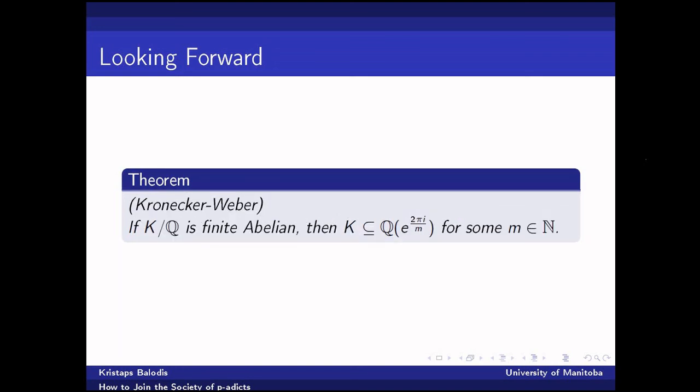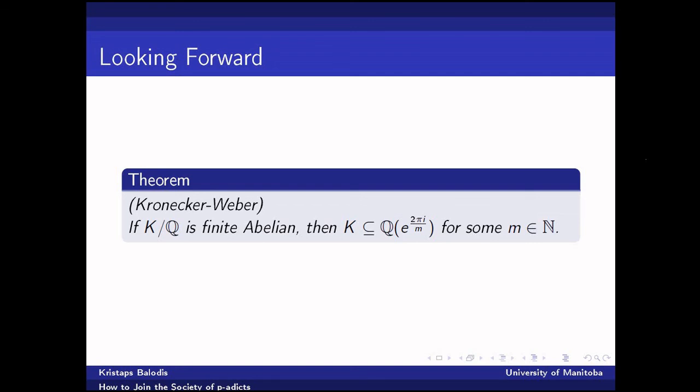There's also what's called the Kronecker-Weber theorem, and this says that if we have any finite abelian extension of the rational numbers, then it's contained in a cyclotomic extension of the rational numbers. And so this is a really powerful theorem and part of the groundwork for class field theory, which is about classifying extensions of the rational numbers.